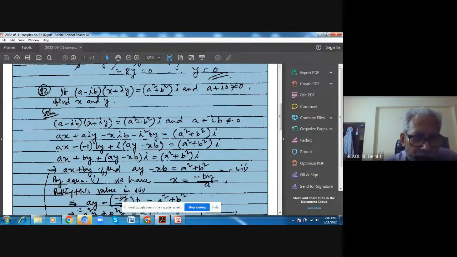Here you multiply it: ax plus a iota y. That means first you take a multiplied with ax, and again a multiplied with iy. So this part is okay.